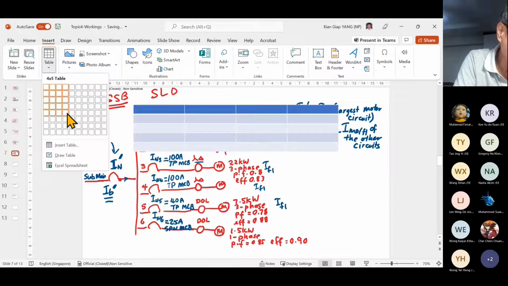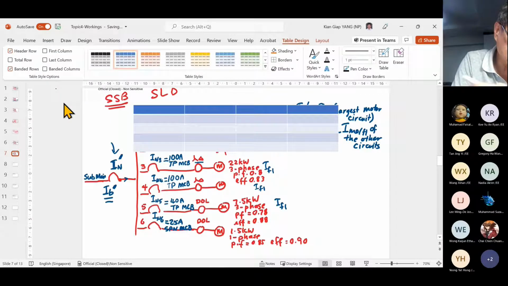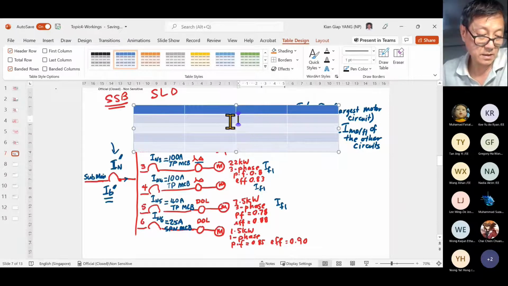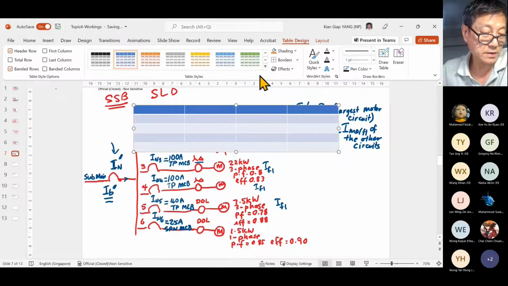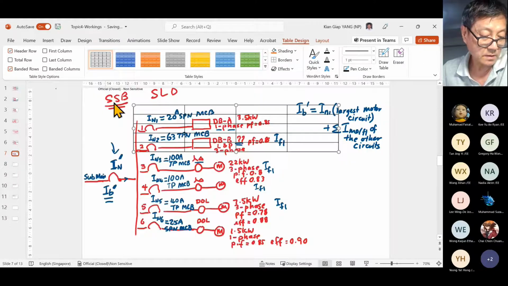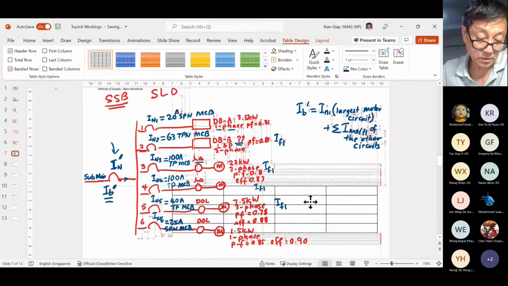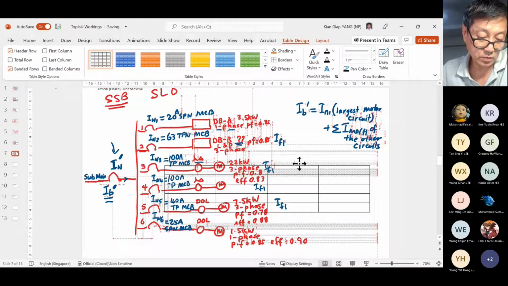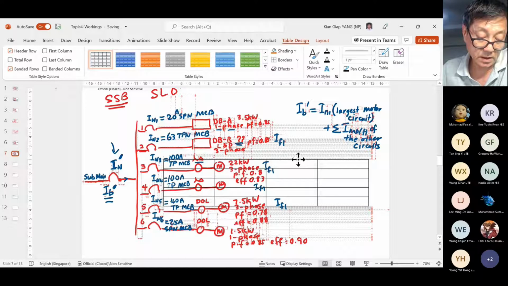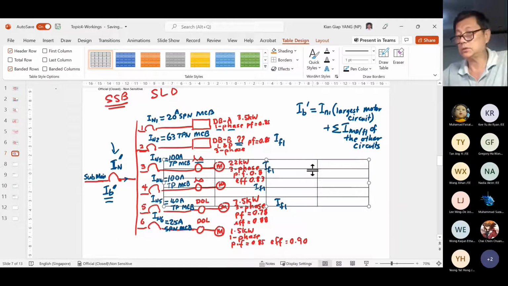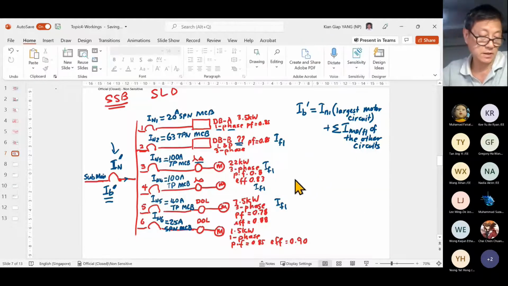So I'm going to use this table. Okay, I'm going to create a table like this. Okay, I don't like this one, so I'm going to get into a new slide. It's easier to see.